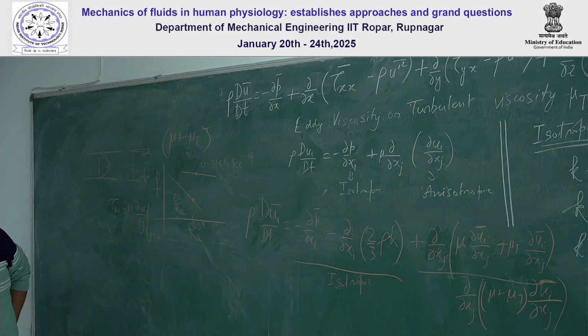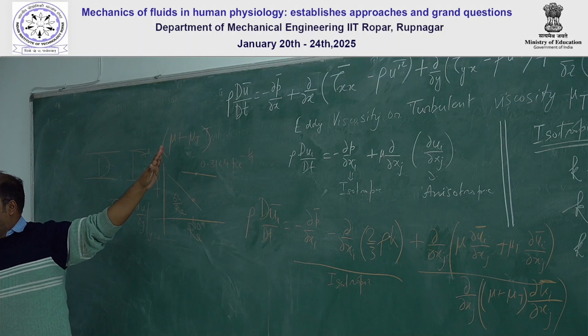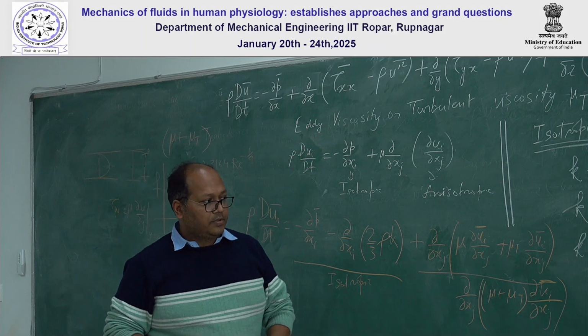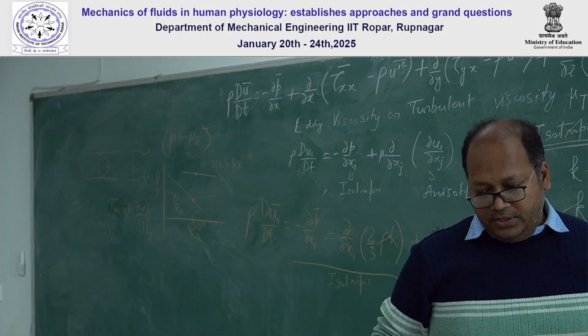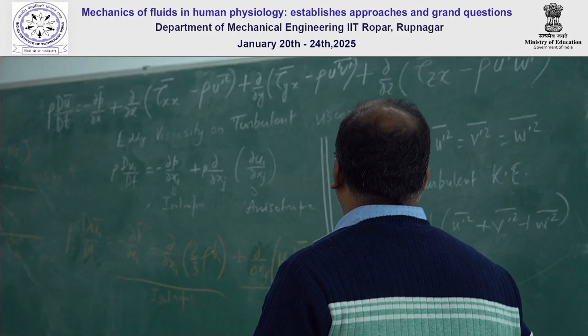That is leading to the increase in the friction factor for the turbulent case. And this mu_t, again, please keep in mind, is not a material property. It is just happening due to the mixing process. Okay, so in this way we are introducing the turbulent viscosity part.